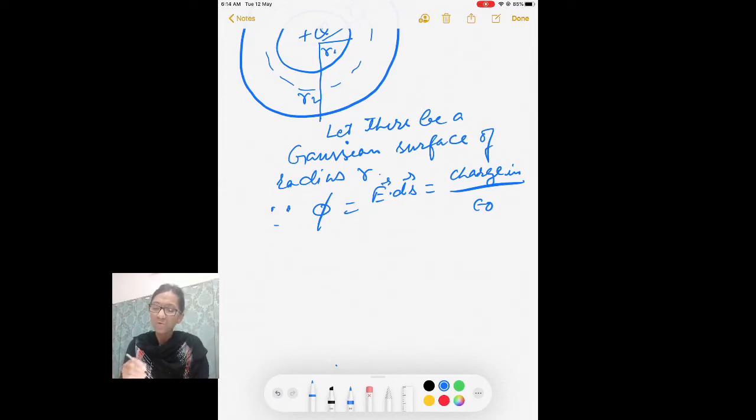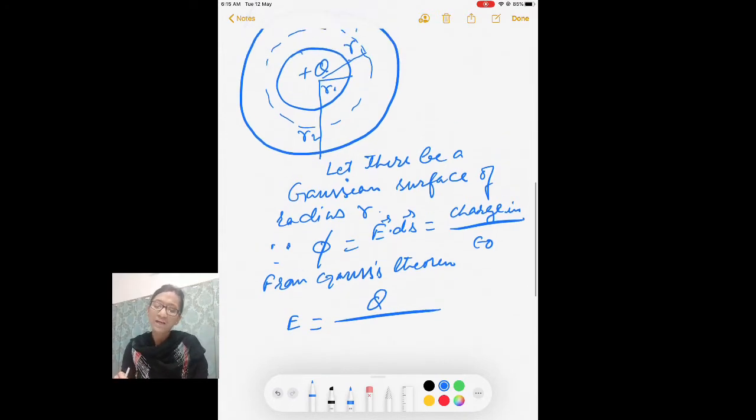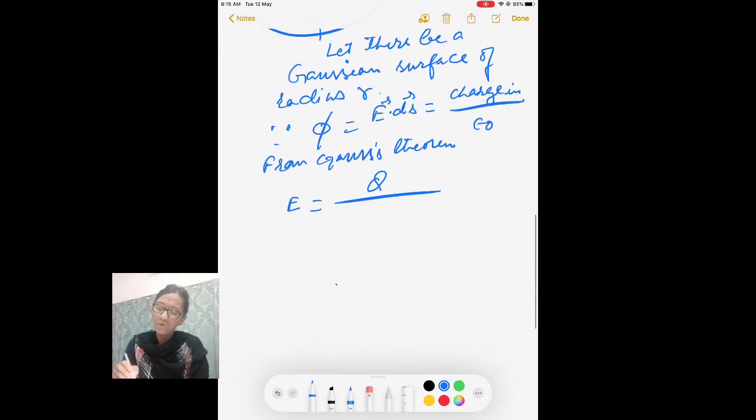Now the electric field E is equal to the charge enclosed Q upon the surface area with radius r, which is 4 pi r square, times epsilon naught. So you obtain the electric field.